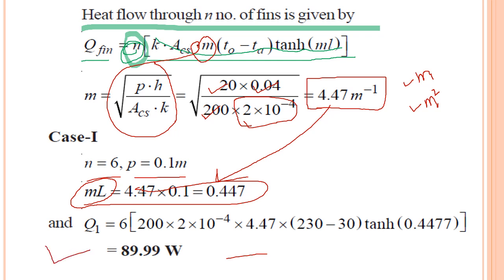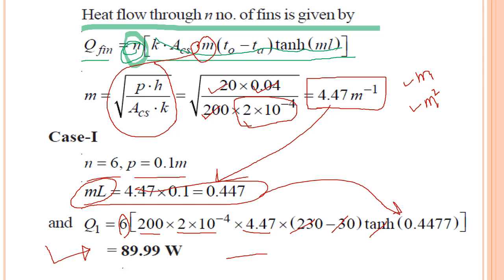So for first case, the heat transfer value which we will get is 6 number of fins into thermal conductivity into area into M value into base temperature minus surrounding air temperature into tanh M into L value.